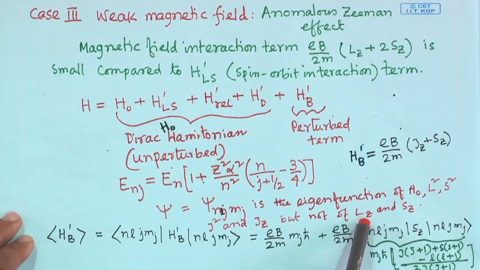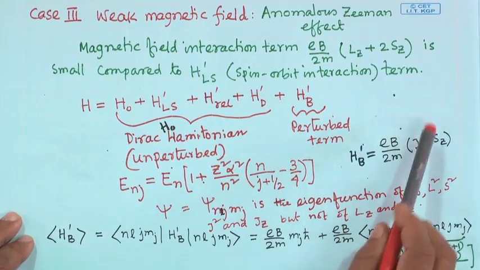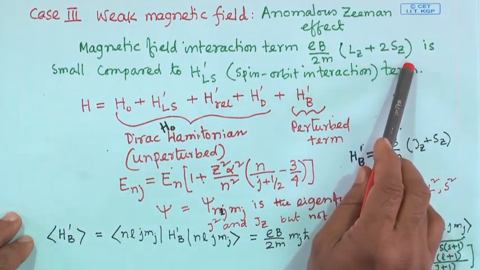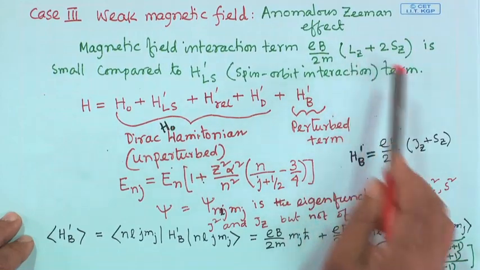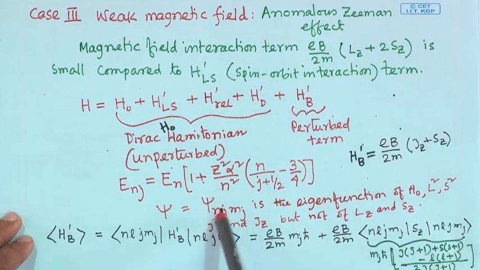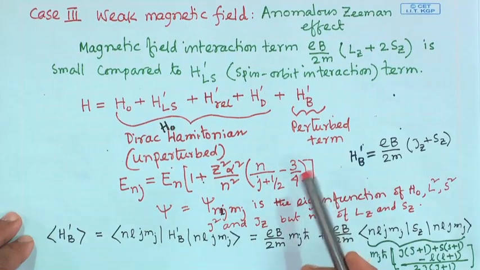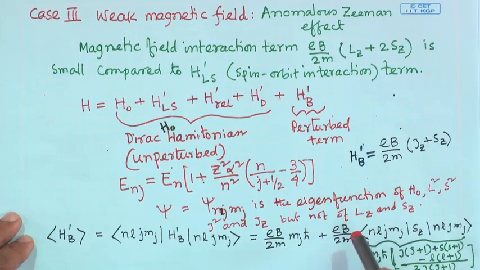But unfortunately it is not the wave function for Lz and Sz. In our interaction term Lz and Sz are there. So, we cannot use psi n l j m j as an eigenfunction. So, we have to basically follow the perturbation method to find out this value.